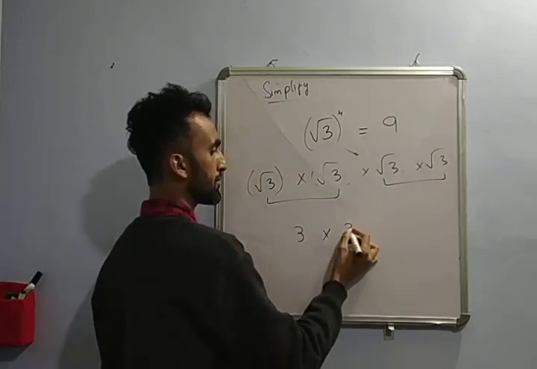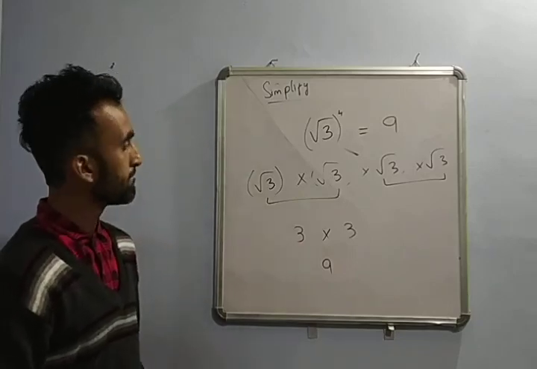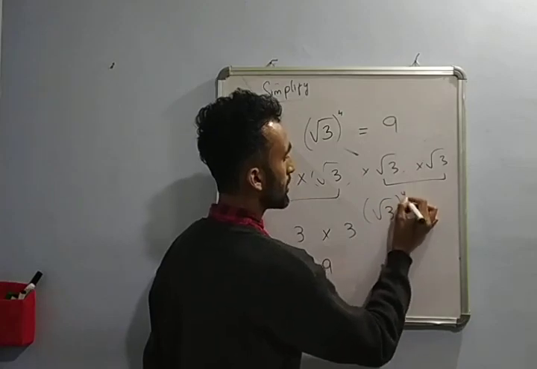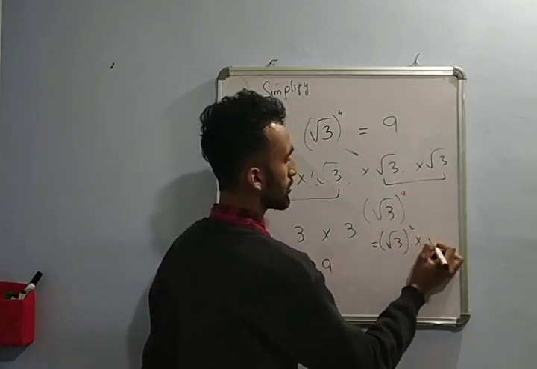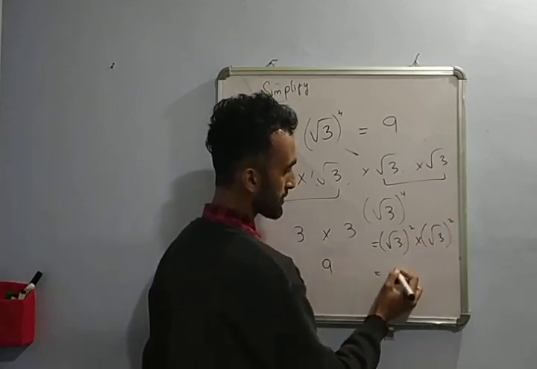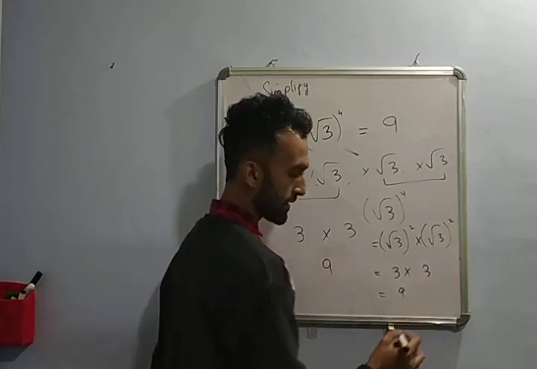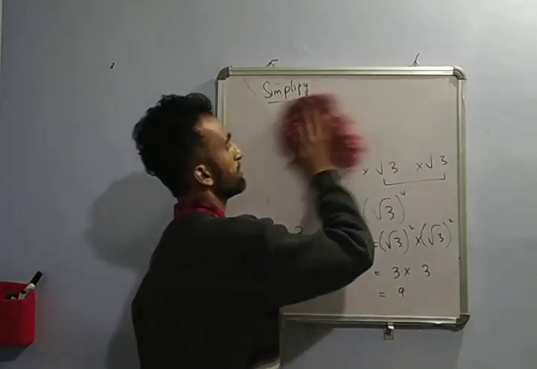If you multiply, it will give you 3. So 3 3s are 9. Or what you can say is root 3 to the power 4 is nothing but root 3 square into root 3 square. Root 3 square gives us 3. Root 3 square gives us 3. 3 3s are 9. This way also you can do it.